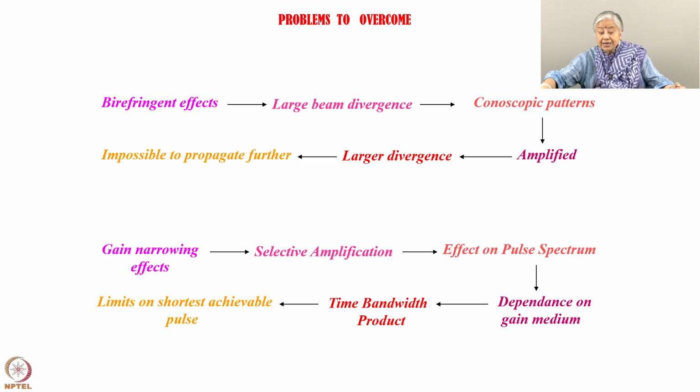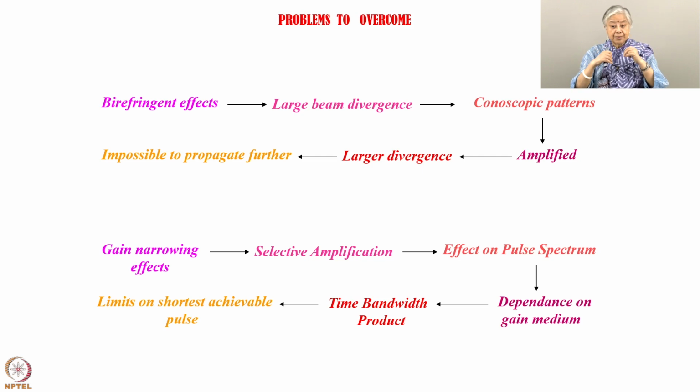Now, in the case of gain narrowing that I mentioned, one problem is, okay, the gain has narrowed, you have selective amplification. That means only the center frequency is getting amplified, because the side ones are falling into that hole of the spectral profile.